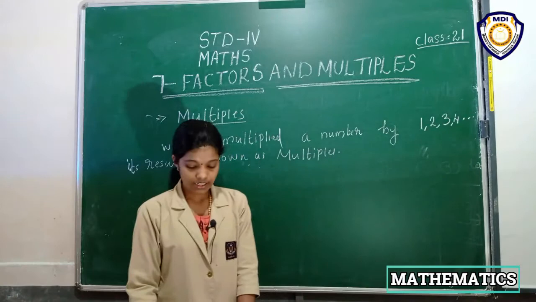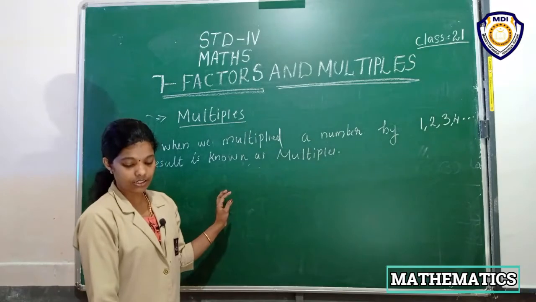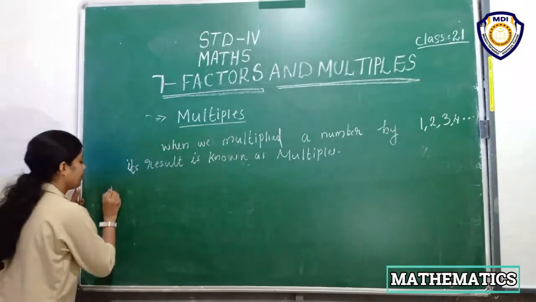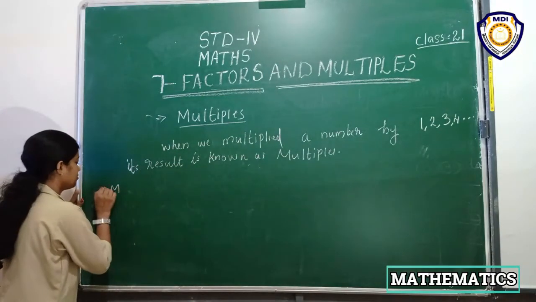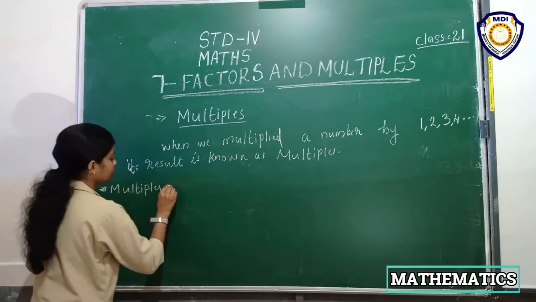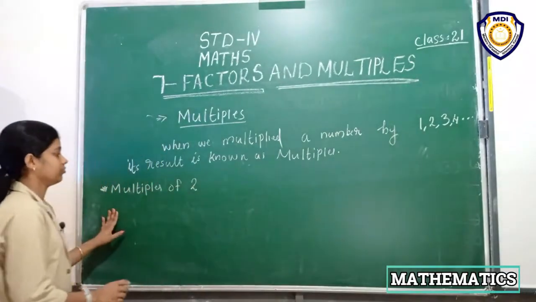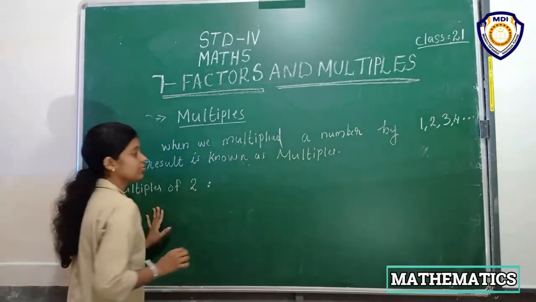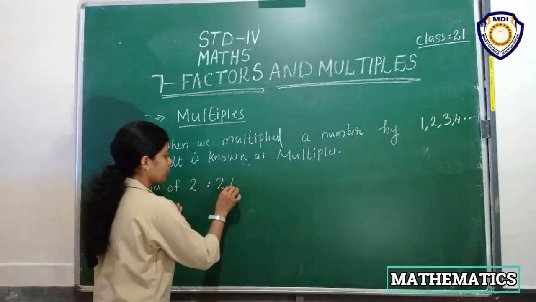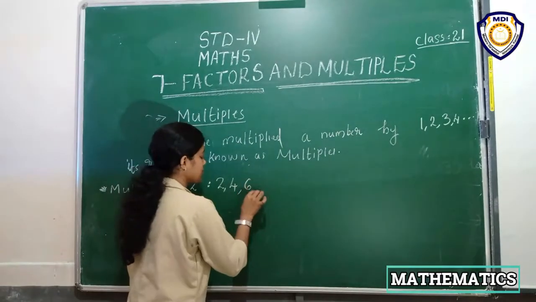Listen here. 2, 4, 6, 8 are called the multiples of 2. 1 times 2 is 2, 2 times 2 is 4, then 6.